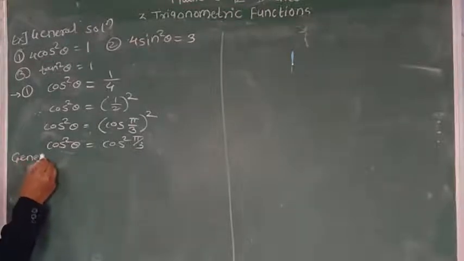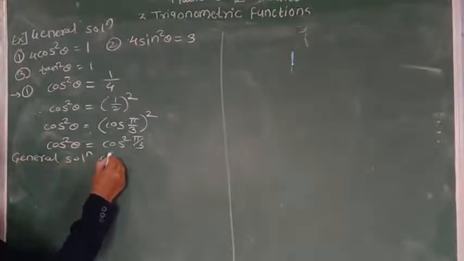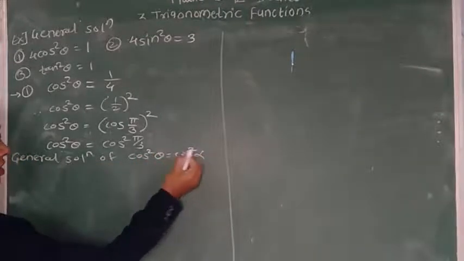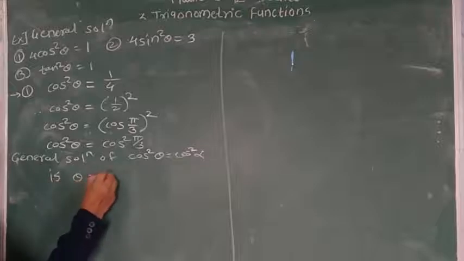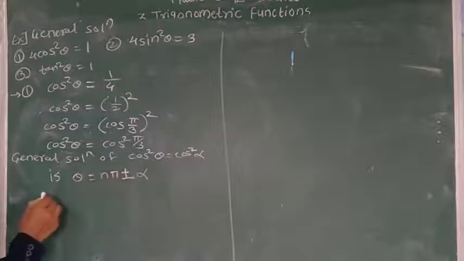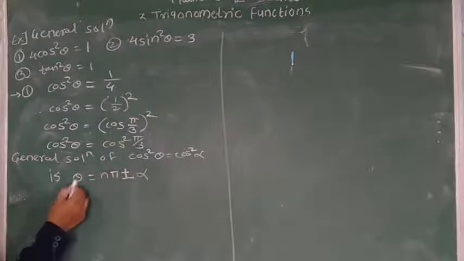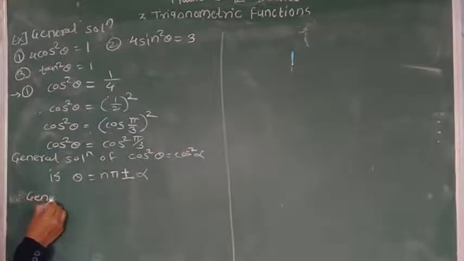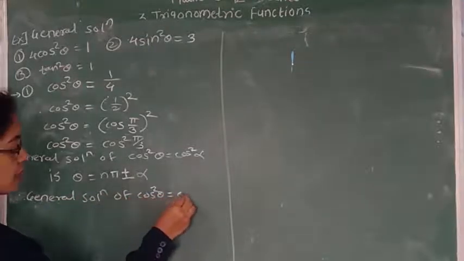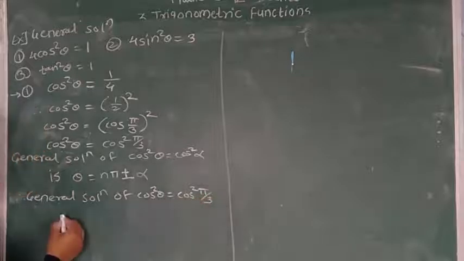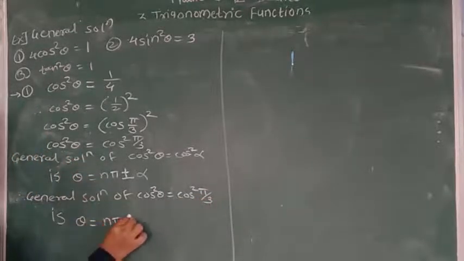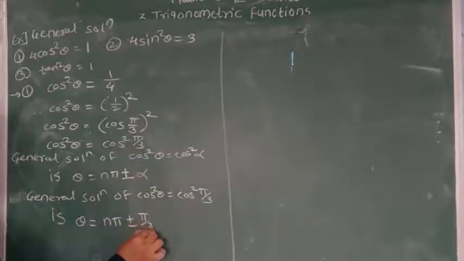And we know the general solution of this form, general solution of cos square theta is equal to cos square alpha is theta is equal to n pi plus minus alpha. This is the same solution for all of them. So therefore general solution of cos square theta is equal to cos square pi by 3 is theta is equal to n pi plus minus alpha, alpha is pi by 3.